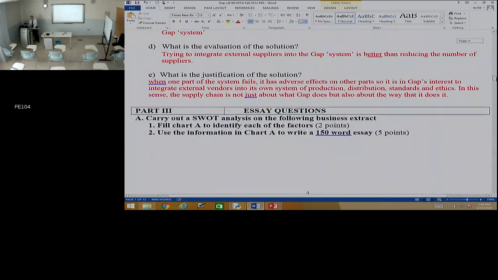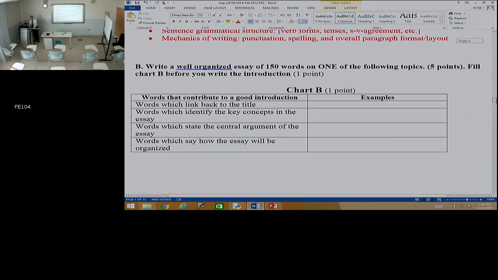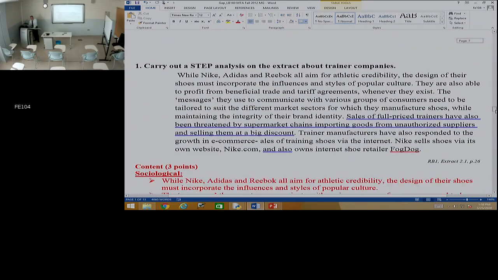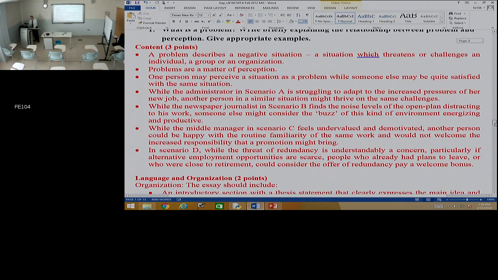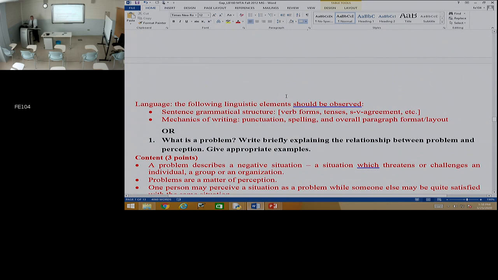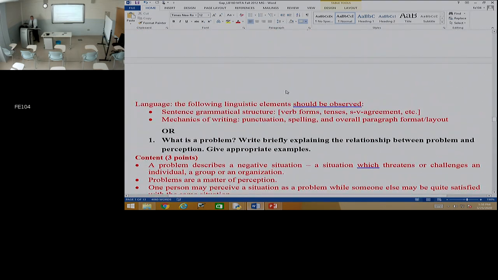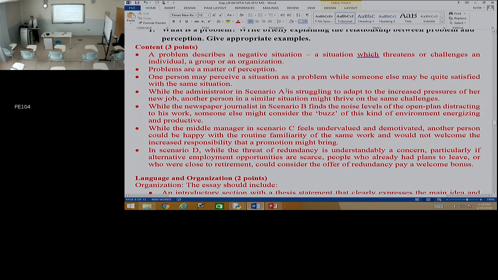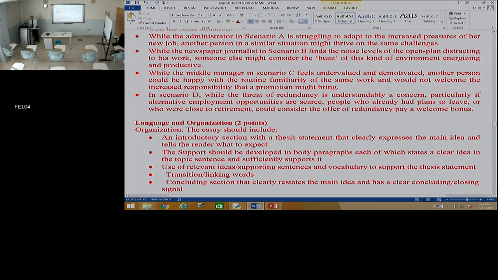The first thing is the situation, followed by a problem, followed by a cause, followed by a solution, and number 4 is the evaluation.